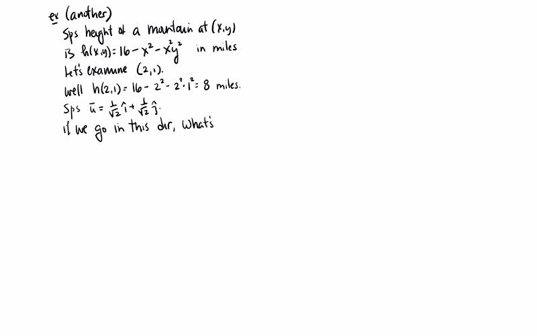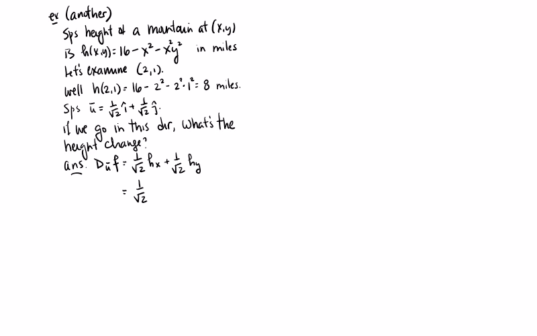what's the height change? So that's a directional derivative. So we would take the directional derivative of f in that direction. So that's the a times h sub x plus the b times the h sub y.